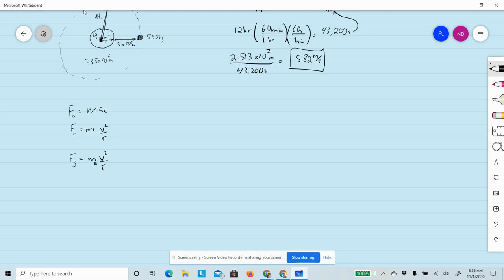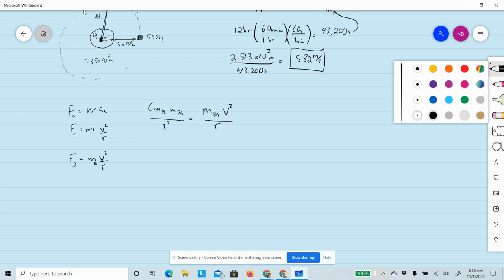Well, the force of gravity is the universal gravitational constant times the mass of the planet times the mass of the pumpkin astronaut divided by the separation between them squared. That equals the mass of the pumpkin astronaut, the velocity of the pumpkin astronaut squared, divided by the separation between them. This is kind of nice. A couple of things cancel out here.